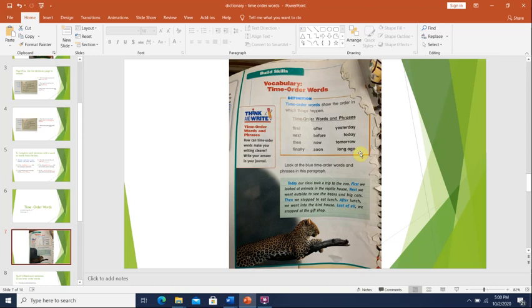Then I can use next or then to show you what I will do next. Next, I mix the eggs and the sugar. Then I put the flour and milk, for example. Okay, so time order words are words that you use to show the order of doing something.